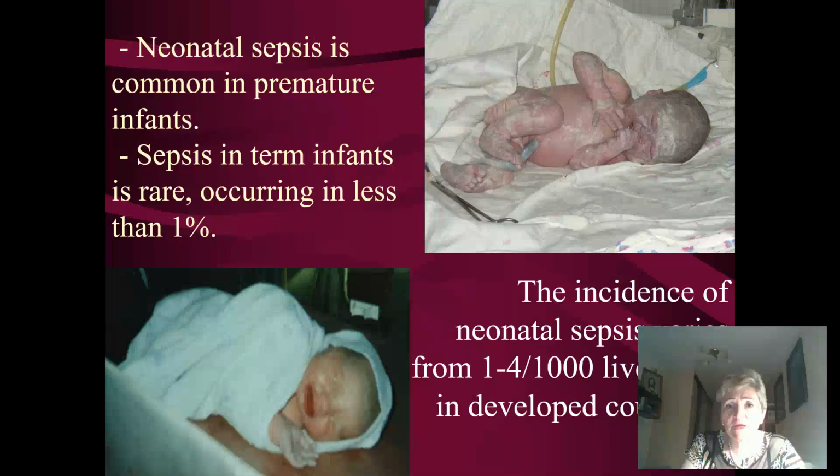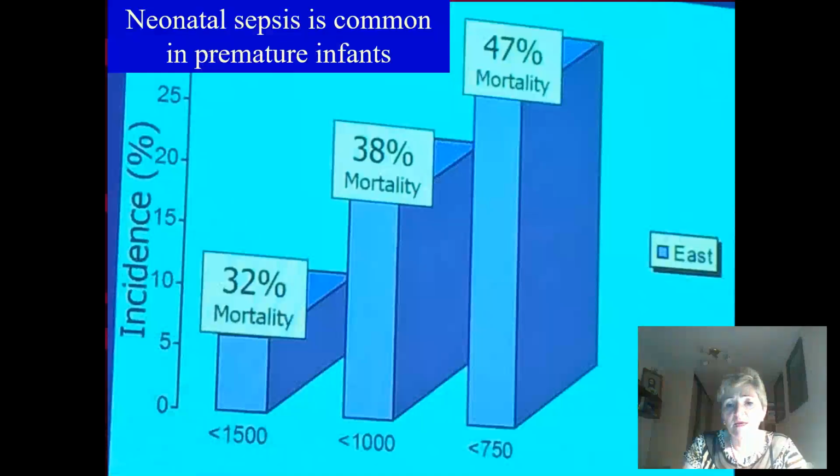Neonatal sepsis is common in premature infants. Sepsis in term infants is serious, occurring in less than 1%. In this slide, you can see the incidence of mortality from neonatal sepsis in preterm infants.